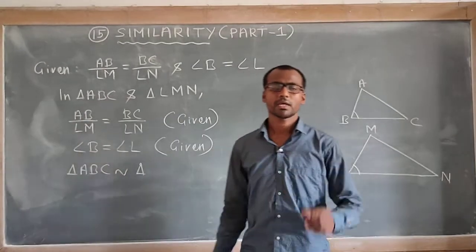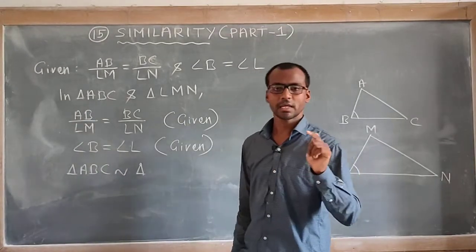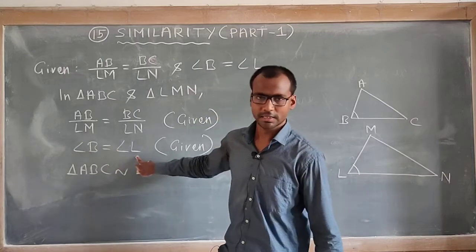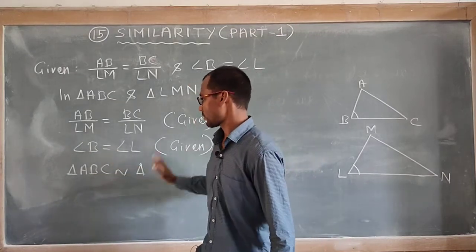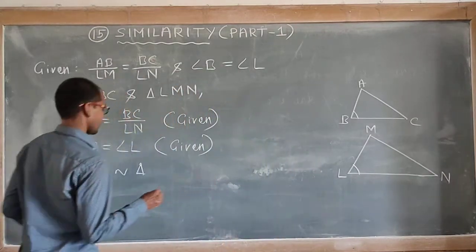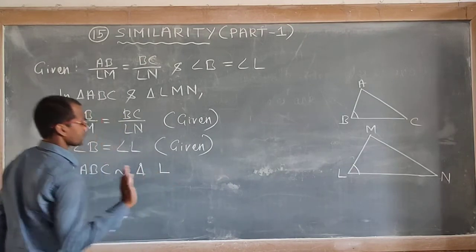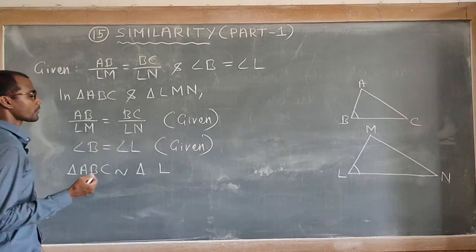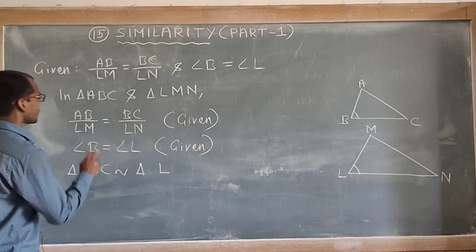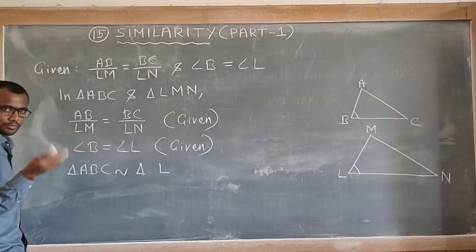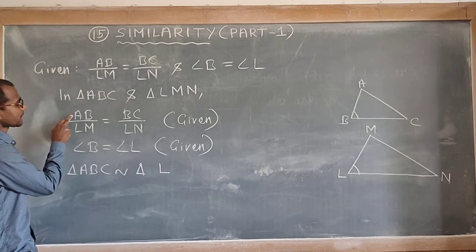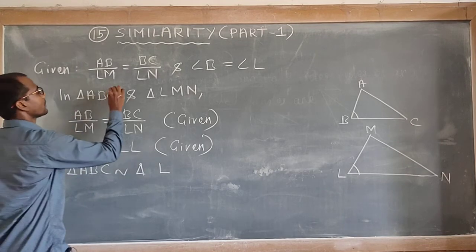I told you that when angles are given, it is very easy. So target angles first. If angles are given, B will correspond to L. B middle, so L will be middle. No more angles, so we are bound to target sides now. So take the first corresponding sides, AB and LM. Which vertex is opposite to AB?